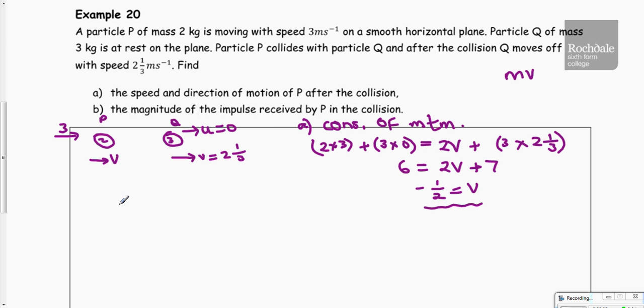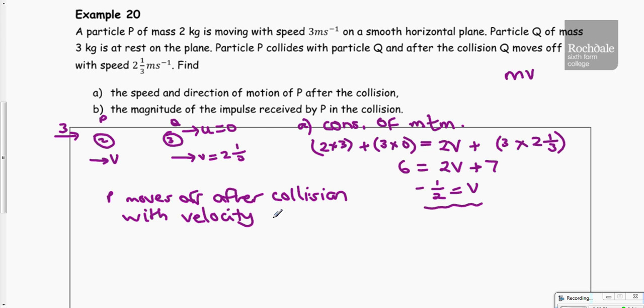What that tells us is that P moves off after the collision with velocity 1/2 meter per second.